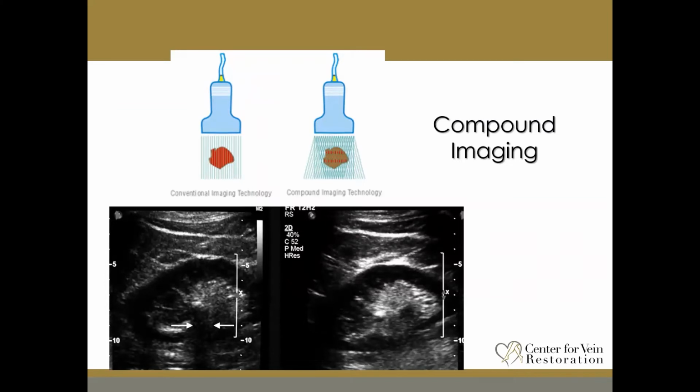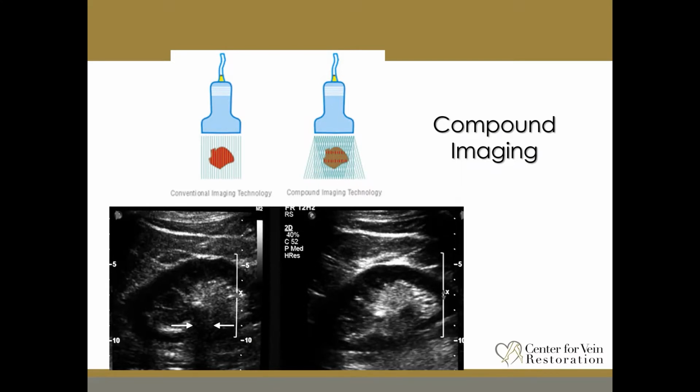Here we're talking about compound imaging. We can see here that the image from the probe on the left illustrates fundamental imaging. There are renal calculi producing acoustic shadowing. On the right, the probe and image illustrate compound imaging.